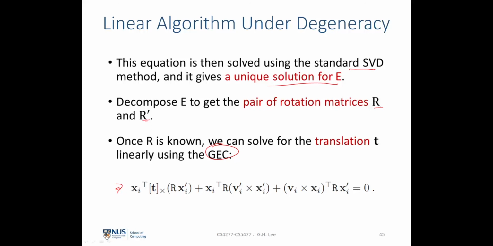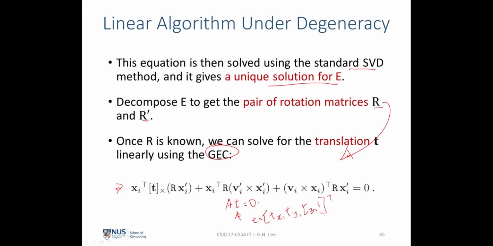We'll do this by plugging each rotation matrix R into this generalized epipolar constraint individually, and then solve for the translation vector. Note that after we have plugged in R into this generalized epipolar constraint, this equation is linear with respect to the translation vector, and we can form it into an equation A t equals 0, where t is the vector of tx, ty, tz, and 1 transpose.